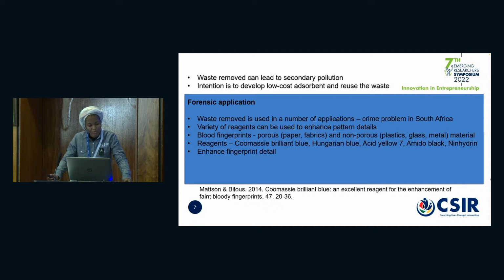Reagents such as Coomassie blue, Coomassie brilliant blue, Hungarian red, acid yellow 7, amido black, and ninhydrin have been used to enhance the fingerprint details. However, these are quite expensive.